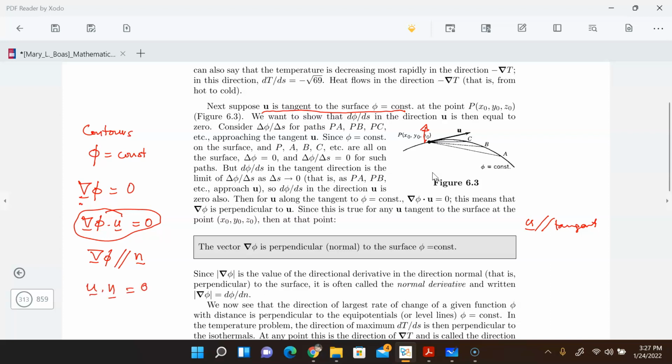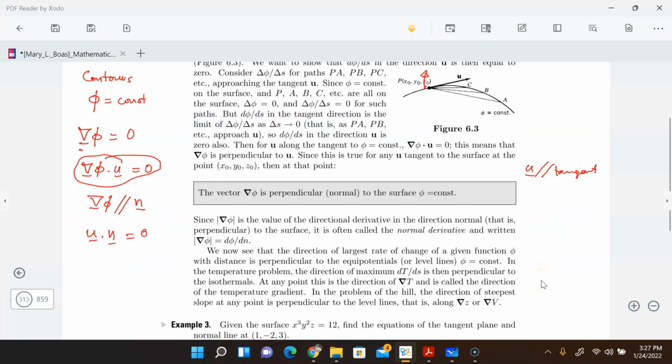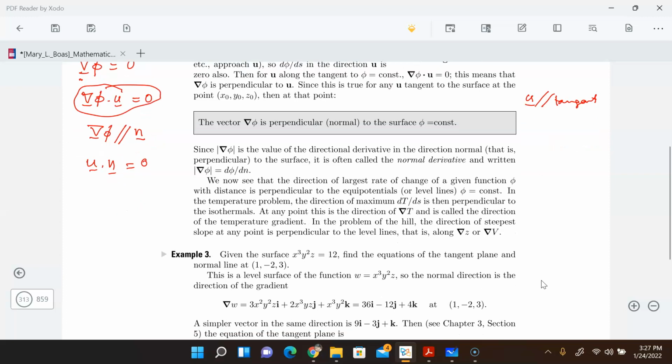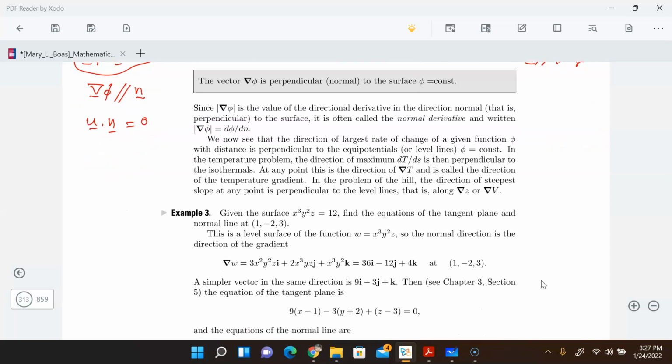So I think that's the main thing that I want to say. One could always find, given a particular surface, for example, let's look at this example. Here you have a surface given by the product x cubed y squared z equals a constant. Now one could ask, what is the normal to this?